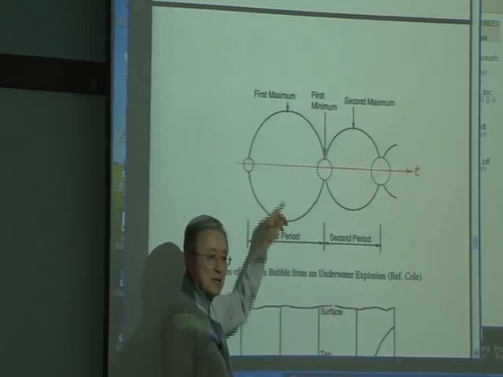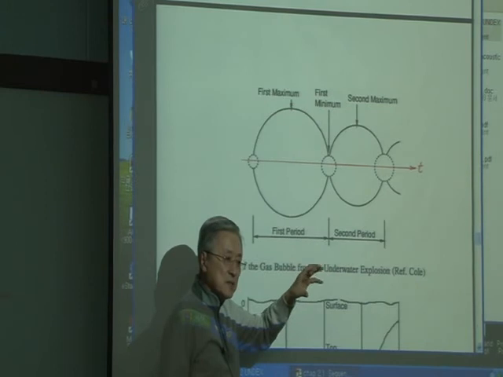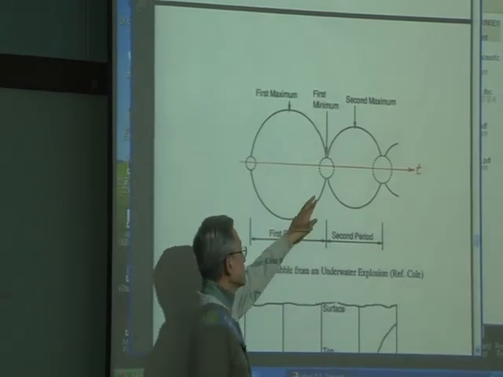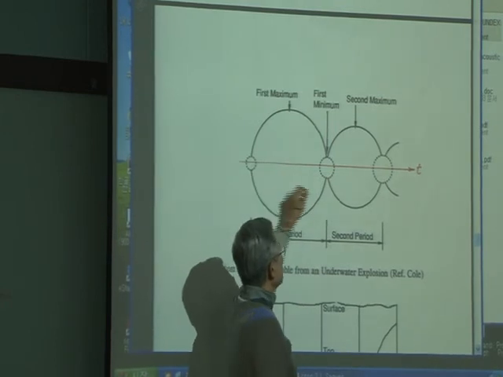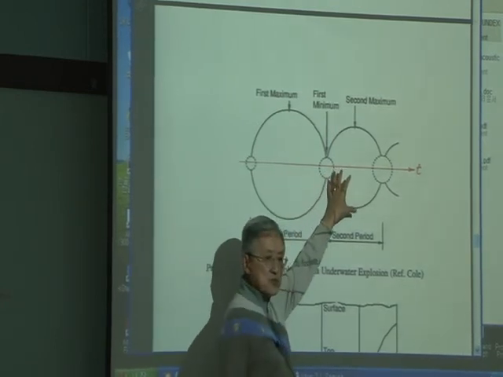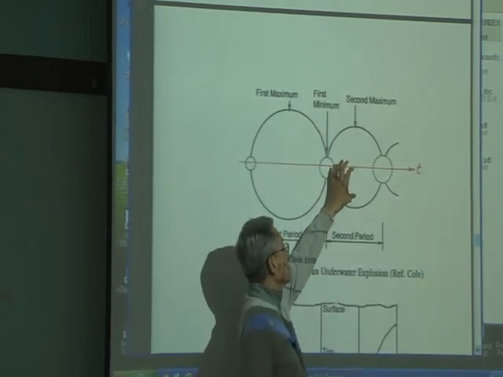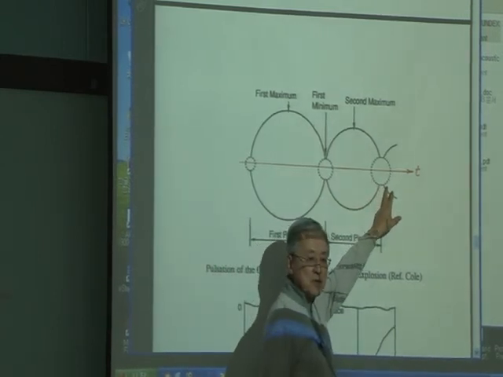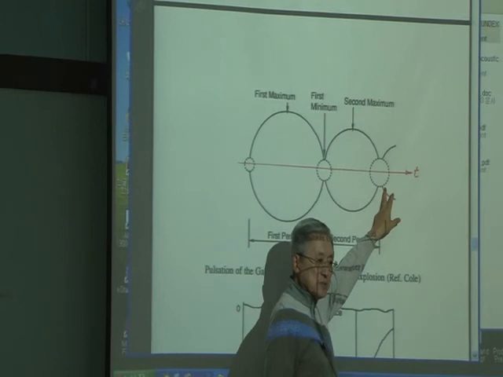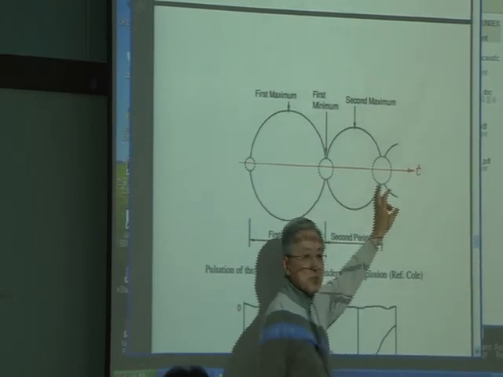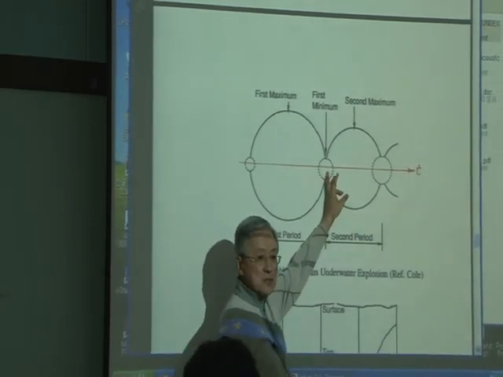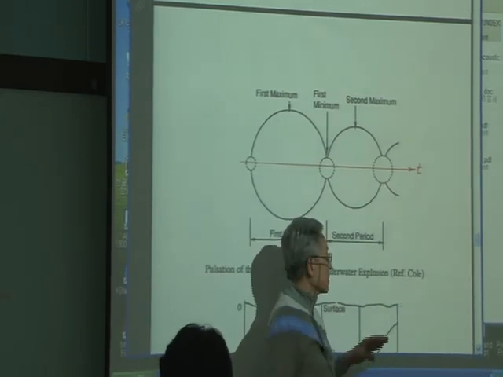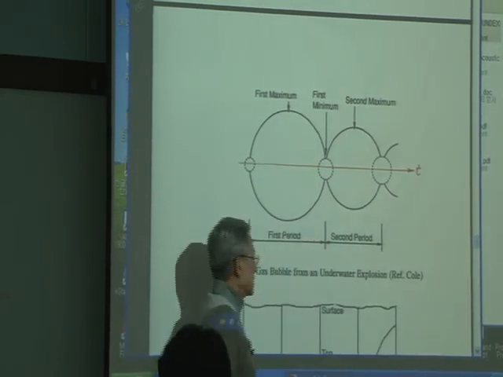Why? Energy loss, right? Energy loss in the water. So it reduces down to smaller, which is still larger. Then energy is still trapped in the water, then it expands again, down to a minimum. Right here, the gas bubble collapses. So this size is larger than this size because energy keeps being lost in the water. So it's moving like that.